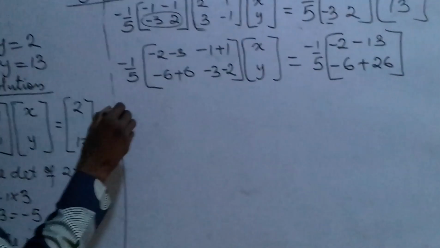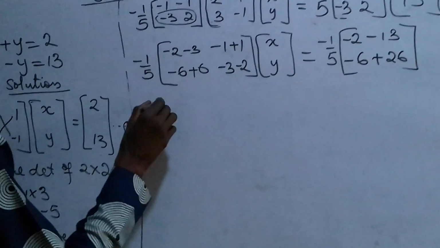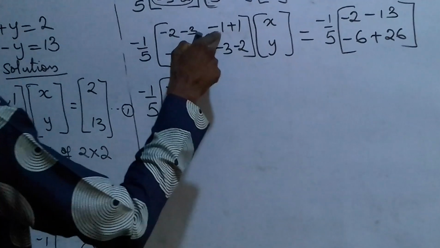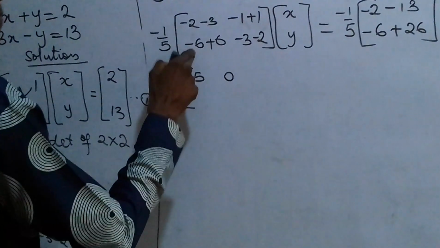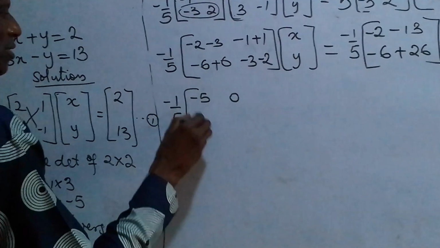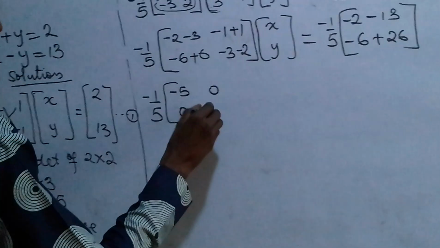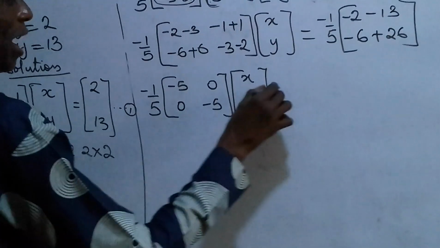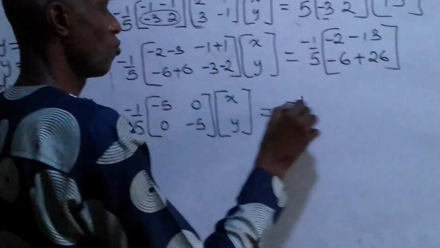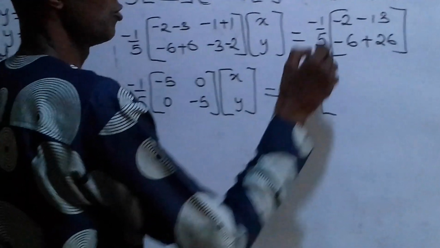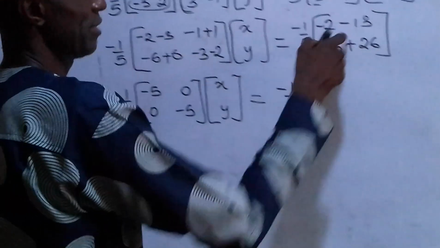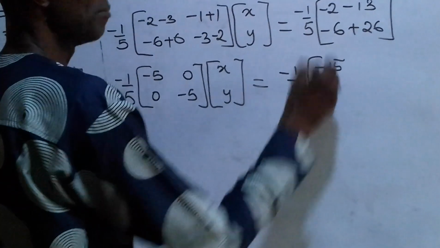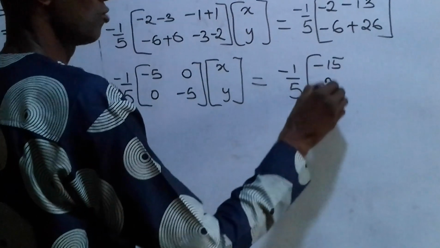Now, minus 3 minus 2 is minus 5. Minus 1 plus 1 is 0. Minus 6 plus 6 is 0. Minus 2 minus 3 is minus 5. Then x and y is equal to minus 1 over 5 into minus 2 minus 13, which is minus 15. Minus 6 plus 26 is 20.